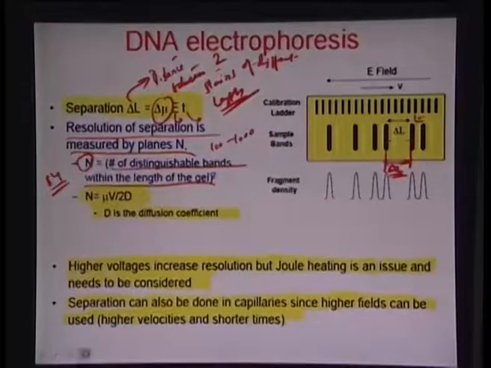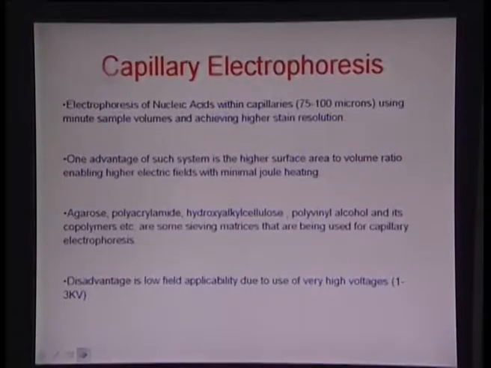So let us look at some of the modules for capillary electrophoresis. Definitionally, it is electrophoresis of nucleic acids within capillaries of 75 to 100 microns, using minute sample volumes and achieving a higher resolution. One advantage of such systems is that because of the higher surface area to volume ratio, this enables higher electric fields with minimal Joule heating.